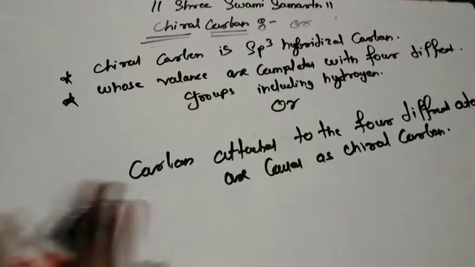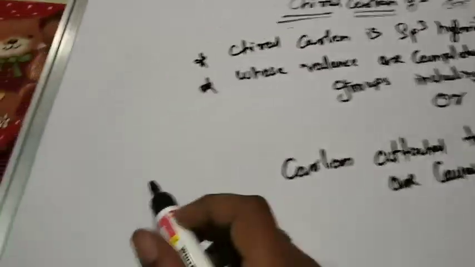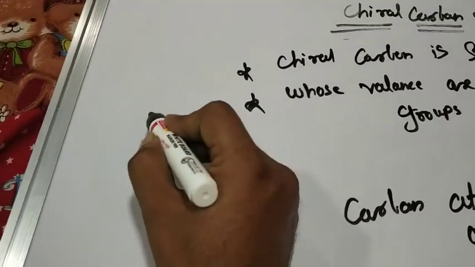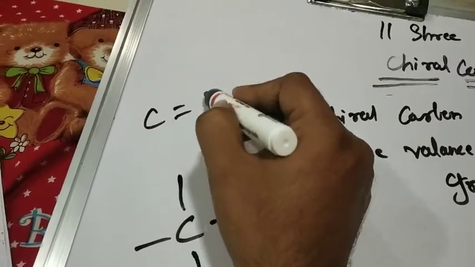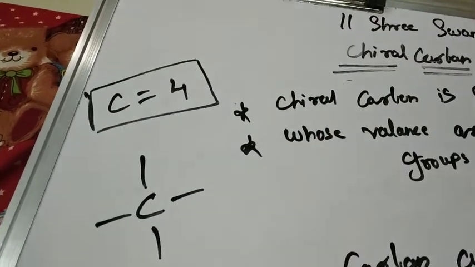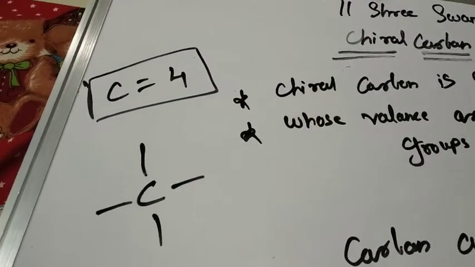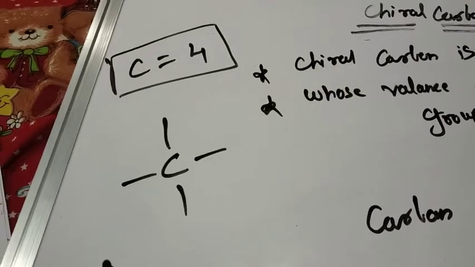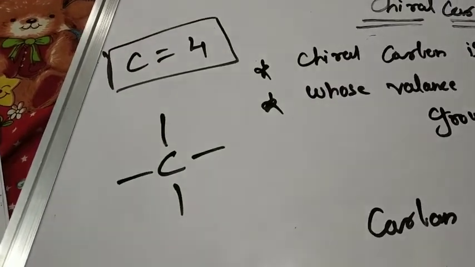See, chiral carbon is nothing but the carbon which contains 4 different groups. We all know that carbon can form 4 bonds. Carbon has a valency of 4. You all know we learned this concept of valency last year in the valence shell theory, right? So carbon can form 4 bonds. So whenever 4 different groups are attached to the carbon, it is said to be the chiral carbon.